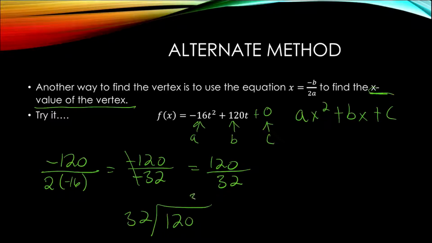It's going to go 3 times. So 32 times 3 gives me 96. We have to do some borrowing here. We get 24. So this is where we get that 3.75, and we can do this with a calculator.